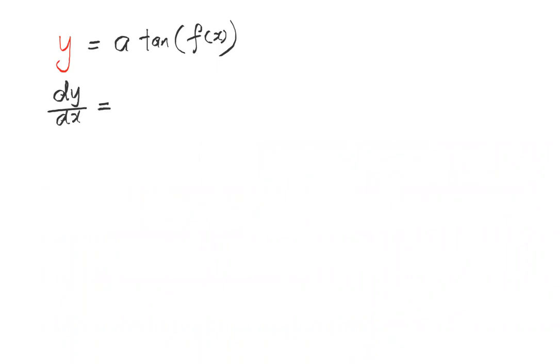That will make me crazy. So how do I do it? I will have secant square f x times f prime x. Are you clear? So this is the formula.